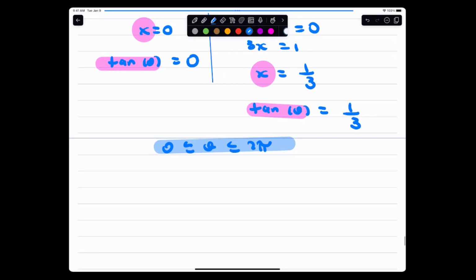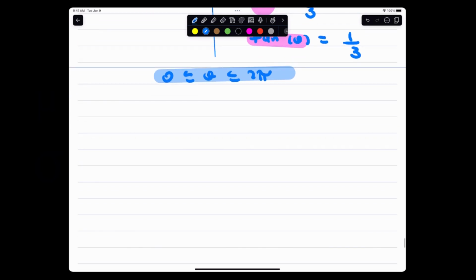Focus on this first situation, I'll call that situation number 1. Let's focus on tangent theta being 0. Where are your solutions for tangent theta being 0? Anybody know? Something should stand out to you.